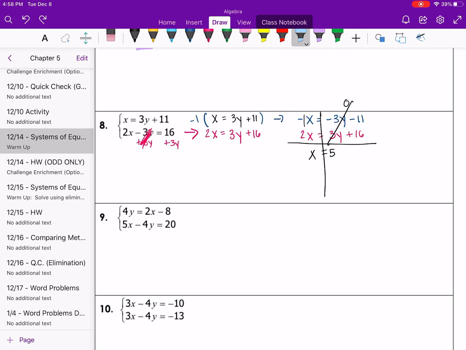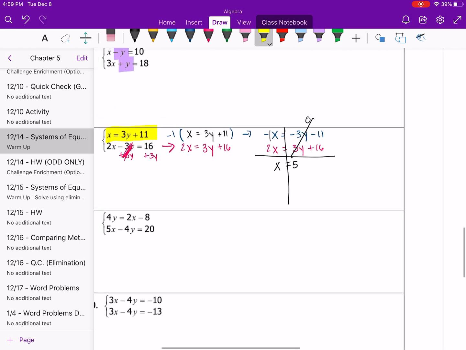I guess I'll pick this one. It really doesn't matter. So I'm going to rewrite that first equation that I said I'm going to pick. And since I know that x equals 5, I'm going to plug that in for x and solve for everything else.